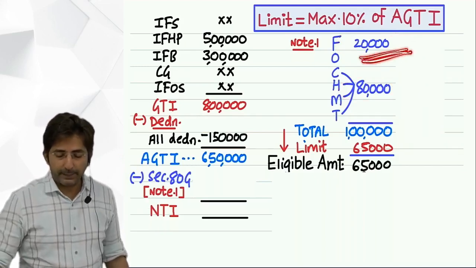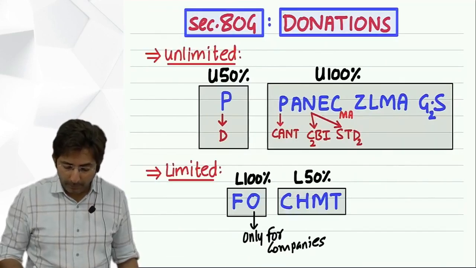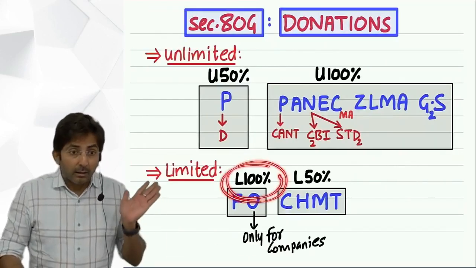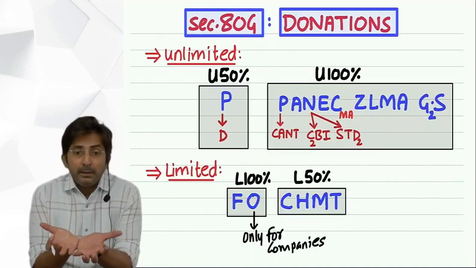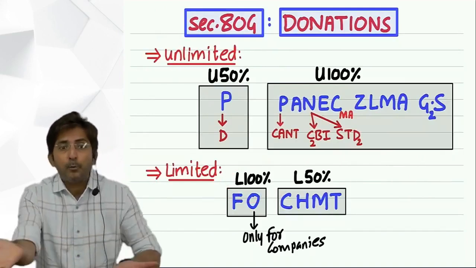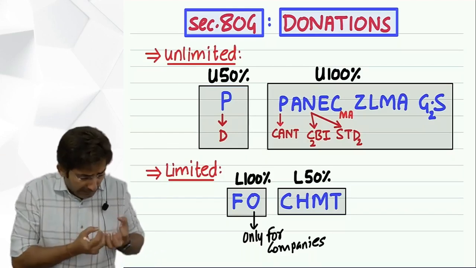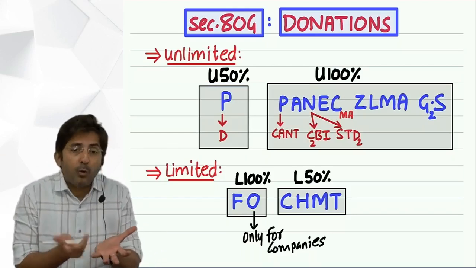Obviously, family planning donation will give me more deduction. And it is my money, so wherever I want to appropriate, I will appropriate there. Why ratio? It is my hard-earned money I have donated. So you know what I will say?